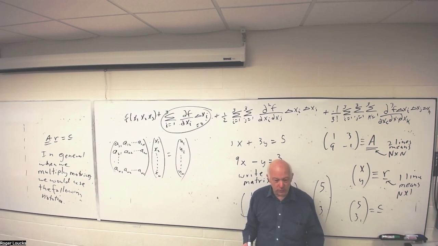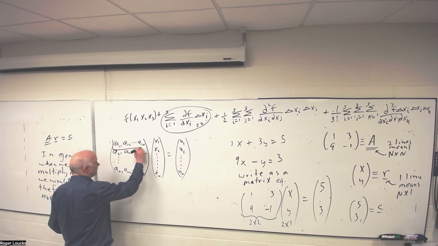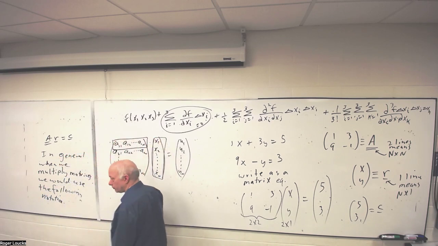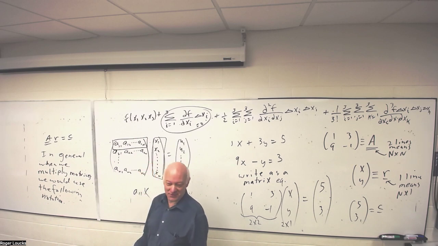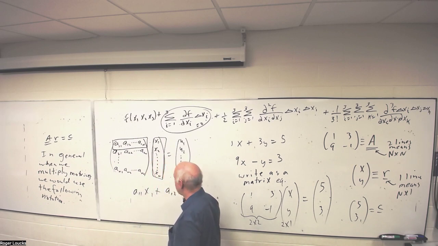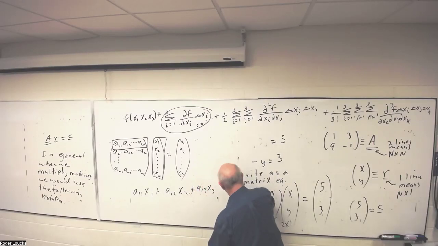So what did we say we multiply things by? We take this row here and we multiply it by this column here. So if I were to write that, what would I have? It has A11 X1 plus A12 X2 plus A13 X3, all the way down to A1N Xn.